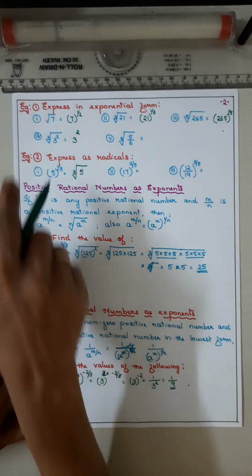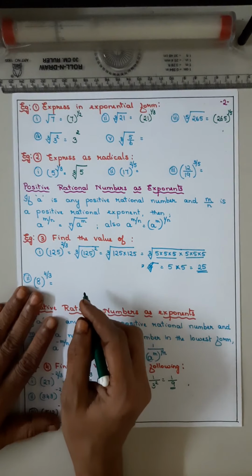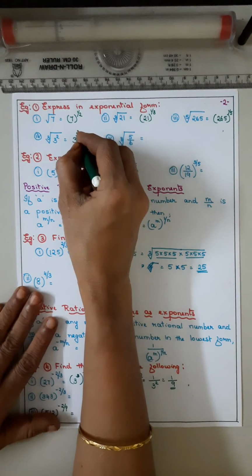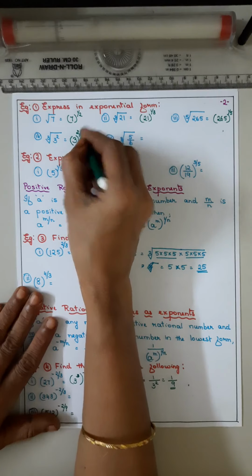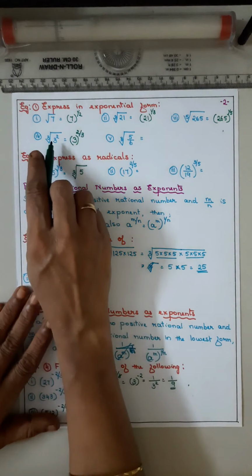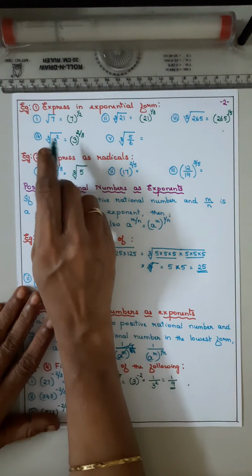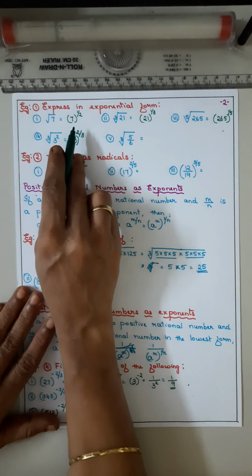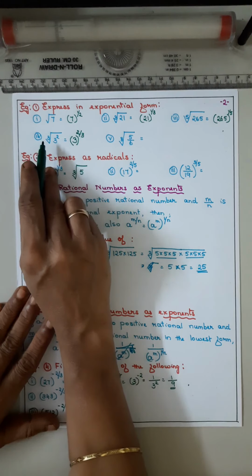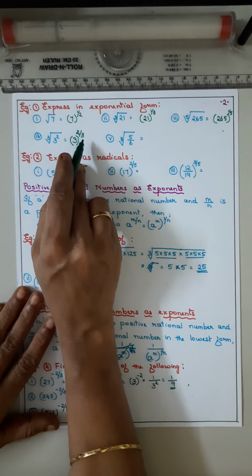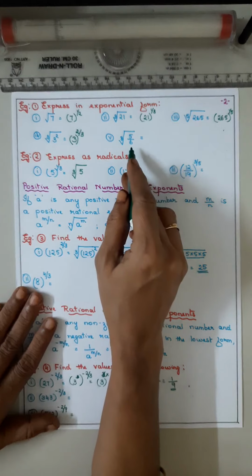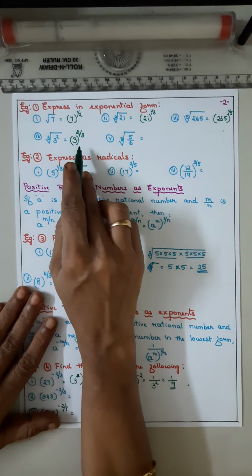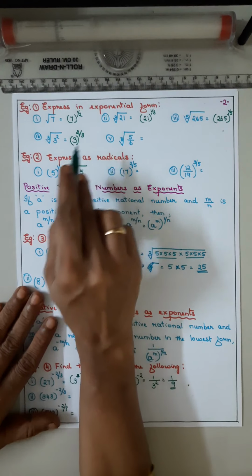Now outside what is the number? 3. So you will put 3, bracket, 2 by 3. So the base 3 as it is, power 2 in the numerator, and the index outside, that is 3, will be in the denominator. Now this is read as 3 to the power 2 by 3.